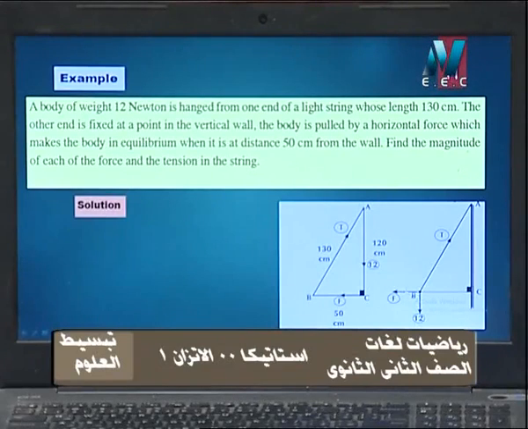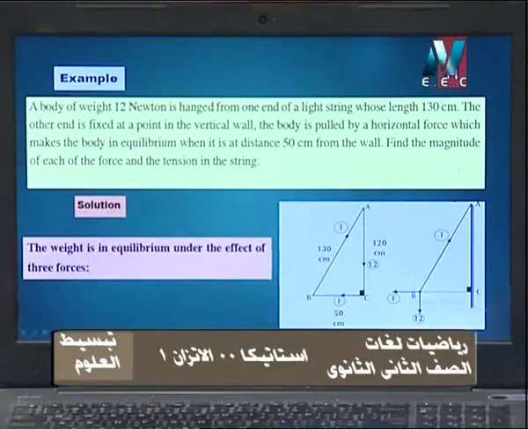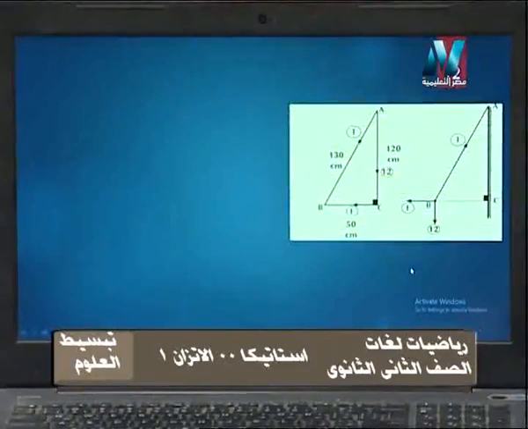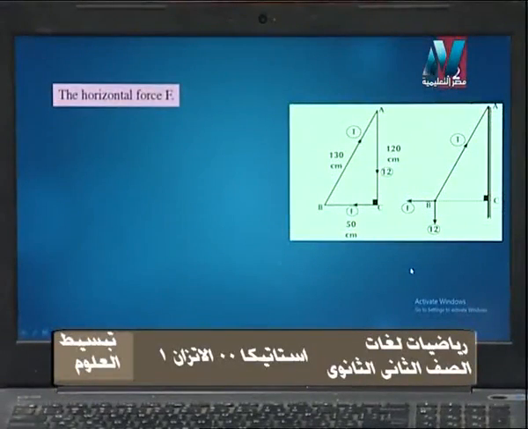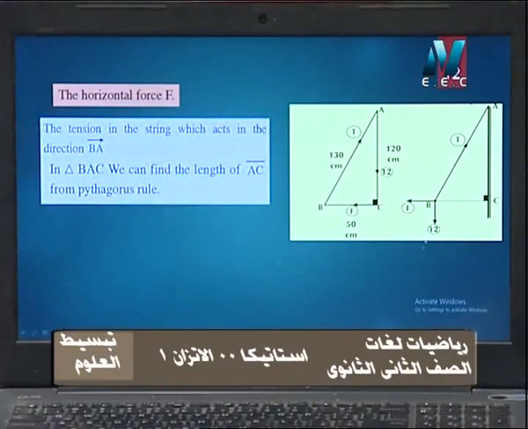This force pulls the body outward, and we have a string, so it has a tension here. So the body is in equilibrium under the effect of three forces: the weight, the horizontal force, which is F here, and the tension, this is the tension in the string.